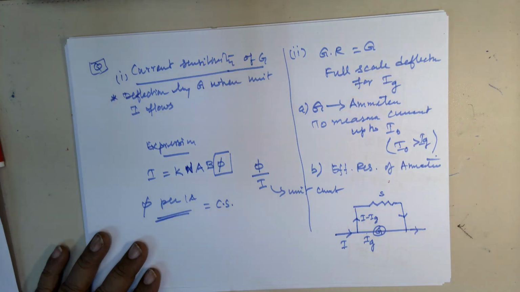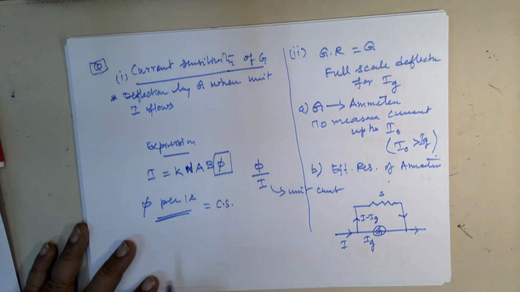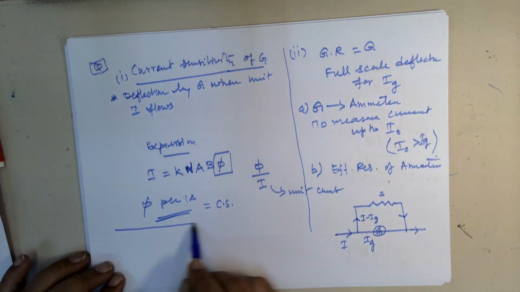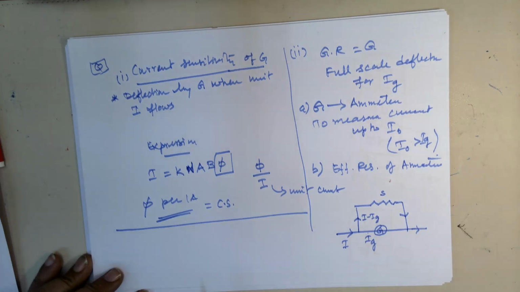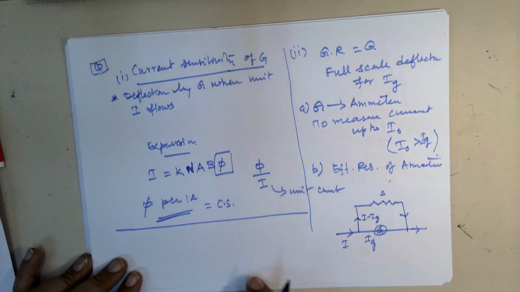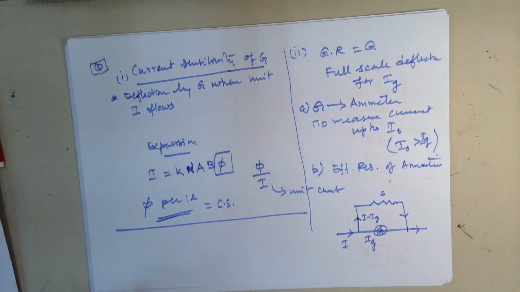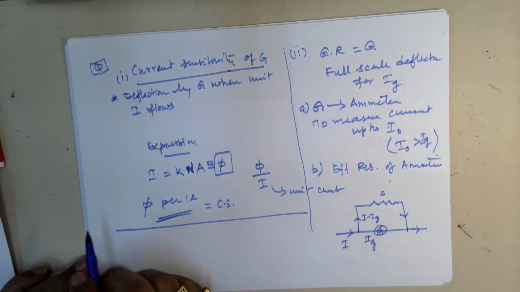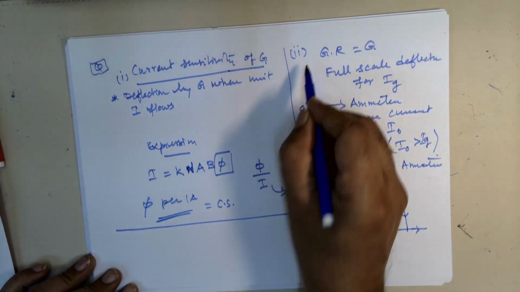Now, the galvanometer can be converted into an ammeter by connecting a small resistor, called a shunt, parallel to the galvanometer. So this we have to note down. This is the second answer.